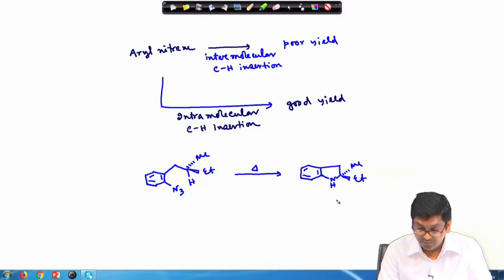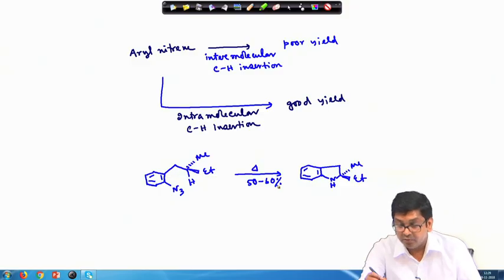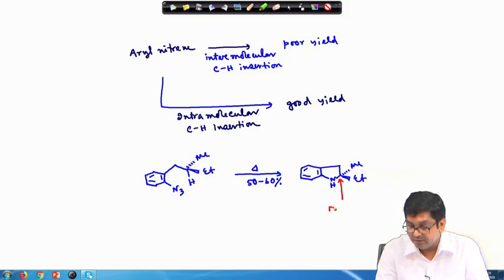Okay. This is important, in a 50 to 60% yield. So if we see here, this is important: retention of configuration.